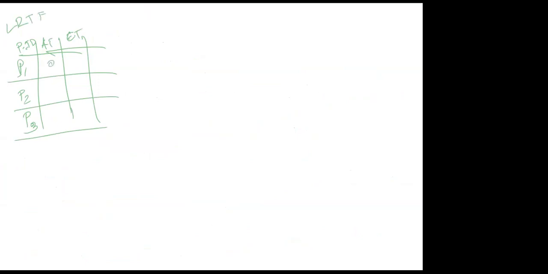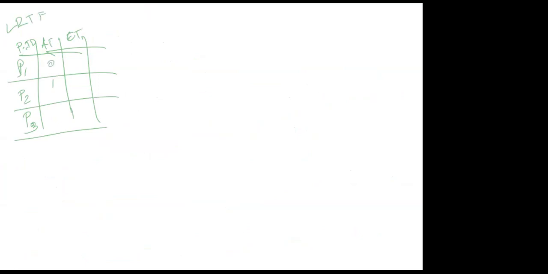This is, let's say, the process ID. Let's consider a total of 3 processes. This is arrival time. This is execution time. This is process P1, P2, and P3. Consider the LRTF algorithm. Let's say arrival times 0, 1, 2.